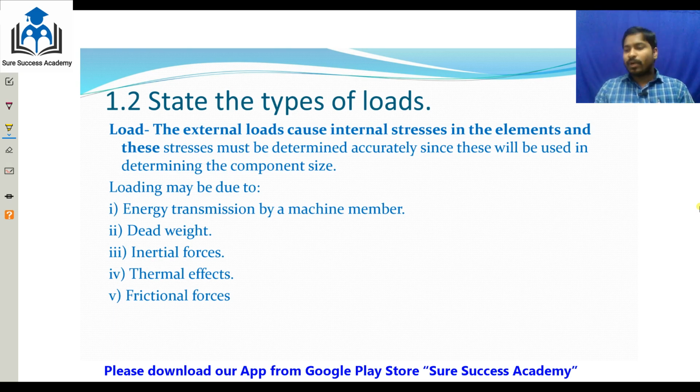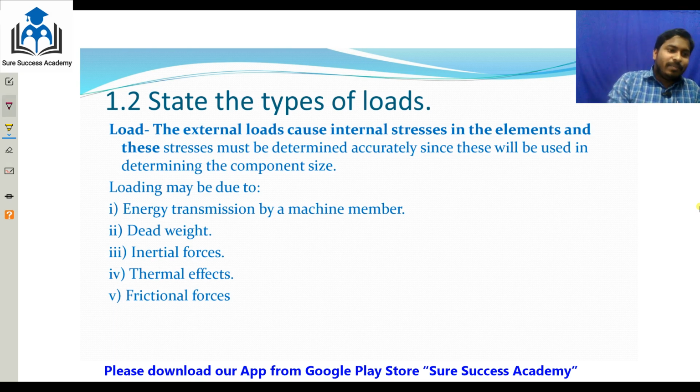We will see what the loads are. The load is defined as the external forces acting on the machine parts. If an external force acts on the machine parts, that is called the load. The external loads cause internal stress in the elements, and these stresses must be determined accurately since they will be used for determining the complete size.